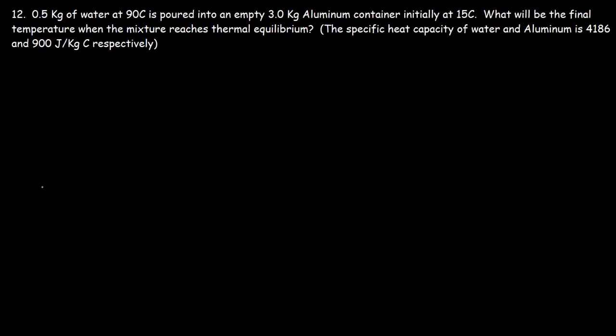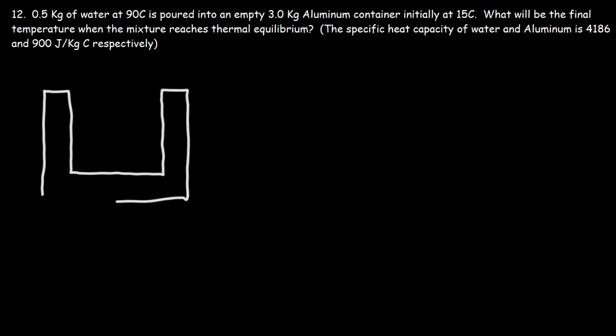So let's draw a picture. So let's say we have this aluminum container, and we're going to put some water in it. Now initially the water is at 90 degrees Celsius, and the container is at 15. So heat always flows from hot to cold.